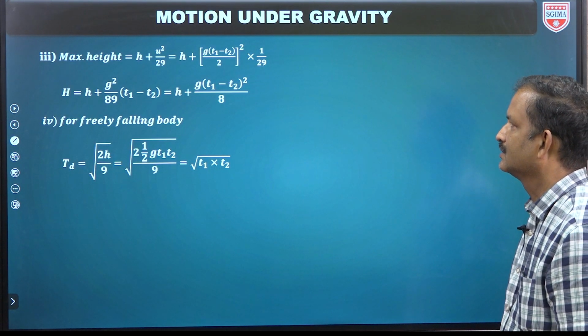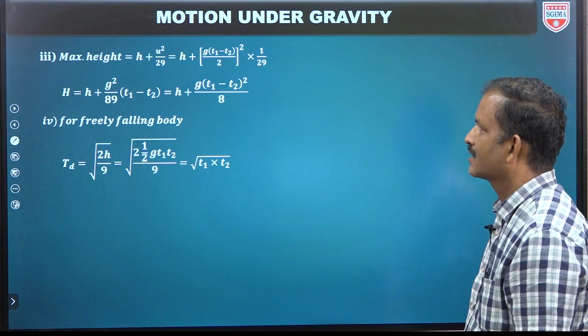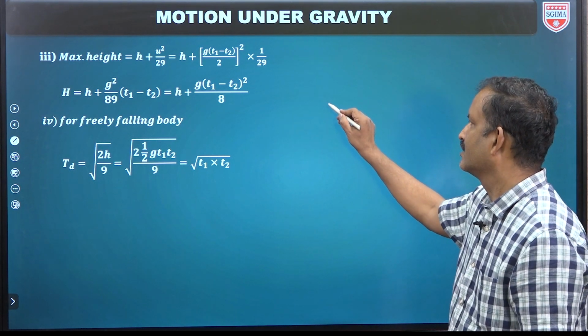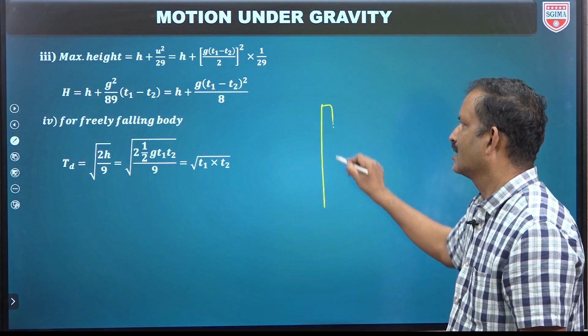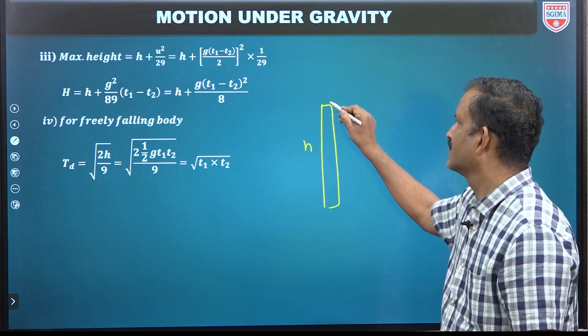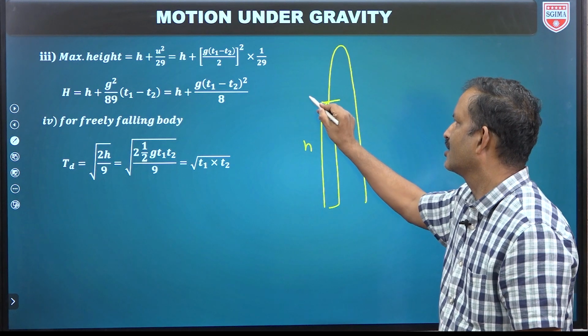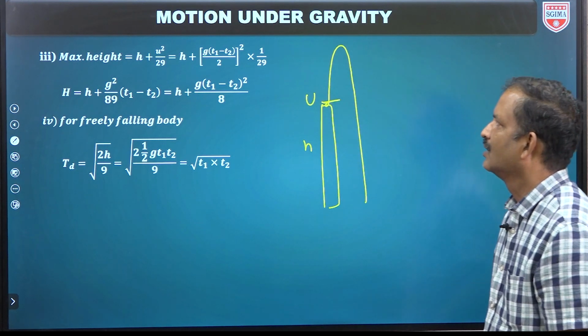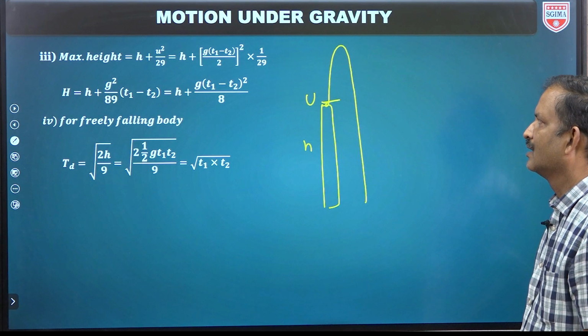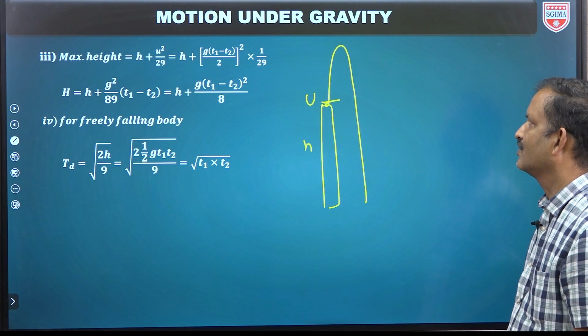Maximum height. It reaches the ground, maximum height. So, actually, a height is H. Maximum height means we already calculated u here. Then maximum height you have to find out.